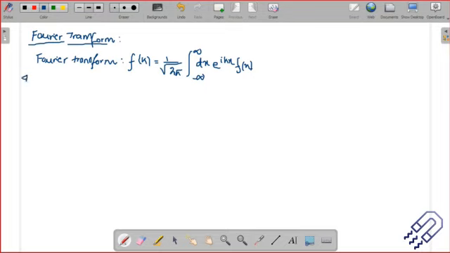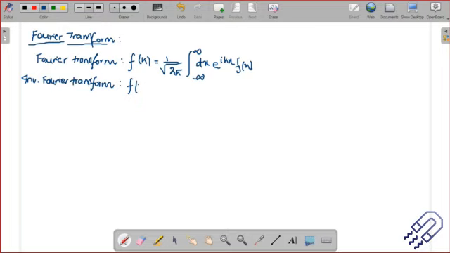And then we have the inverse Fourier transform. If you remember both of them, whatever you need to memorize is done for this particular point. The inverse Fourier transform is nothing but replacing the variables here.